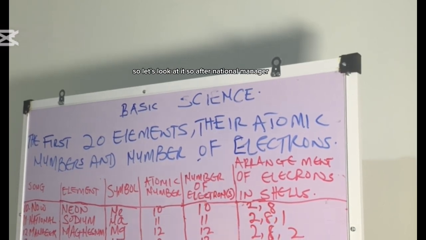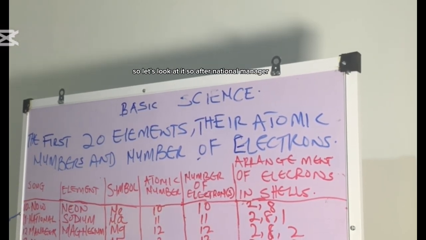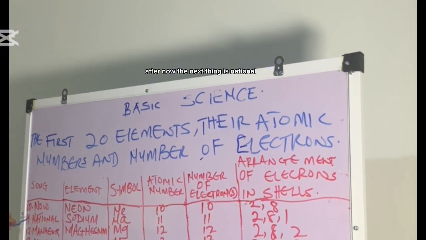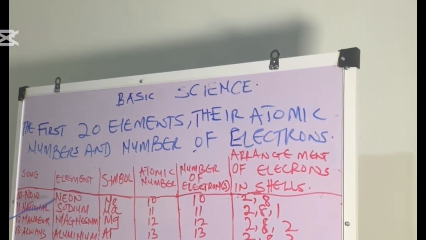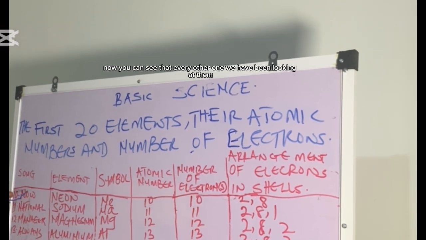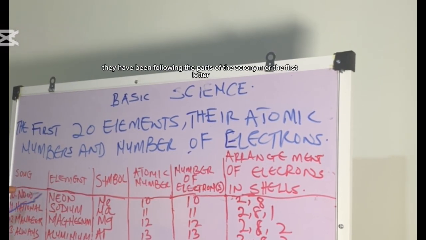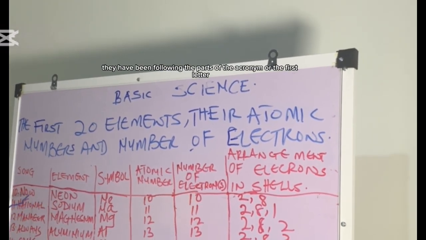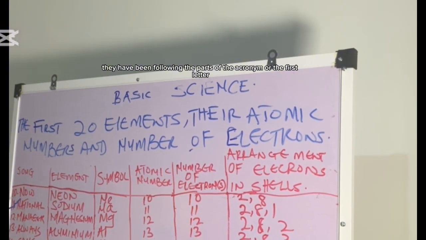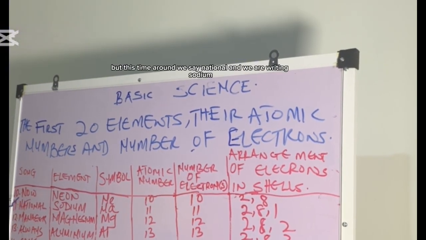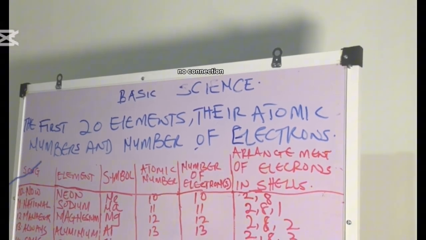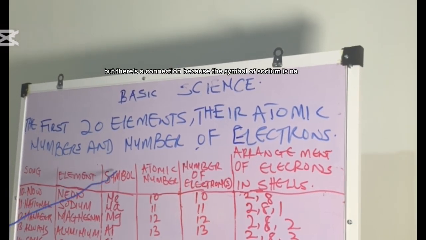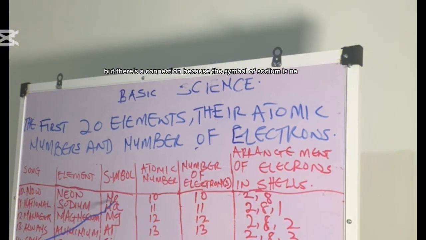So let's look at it. So after national manager, after now, the next thing is national, which is Na. Now you can see that every other one we have been looking at, they have been following the path of the acronym or the first letter or the first 2 letters, but this time around we say national and we are writing sodium, no connection, but there is a connection because the symbol of sodium is Na.